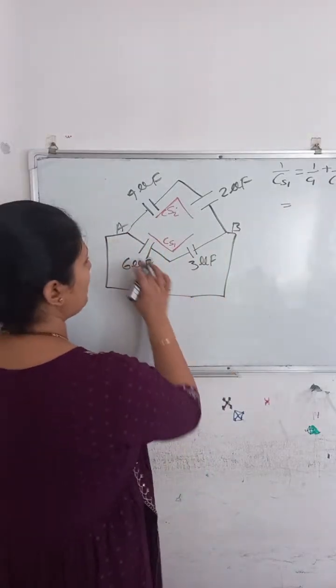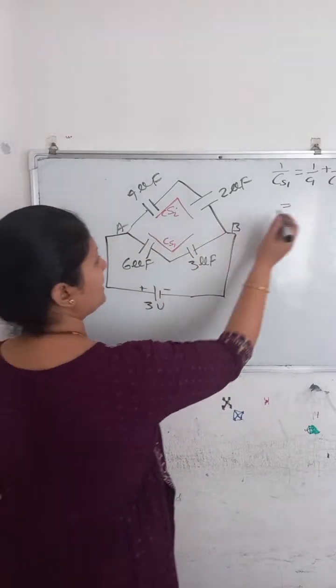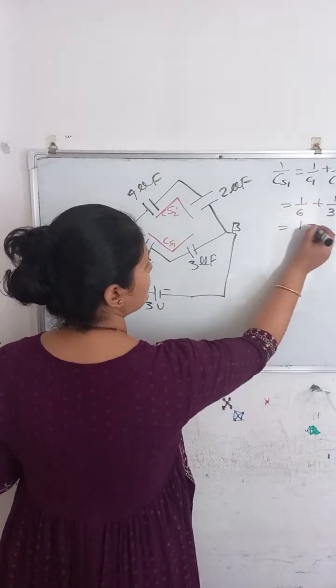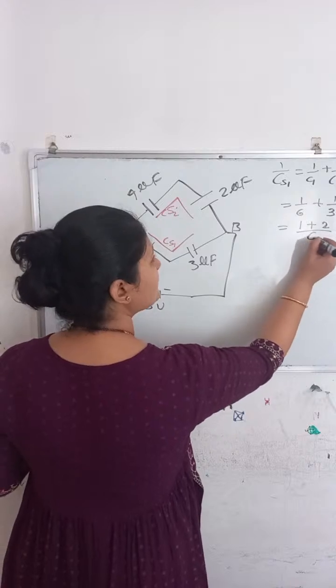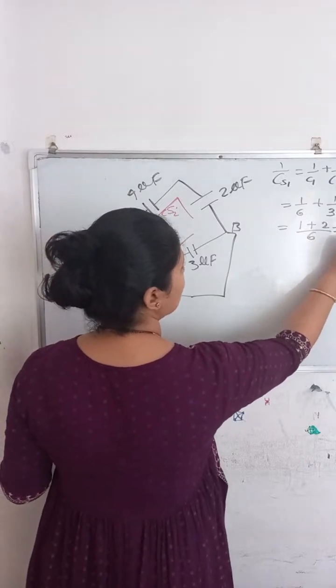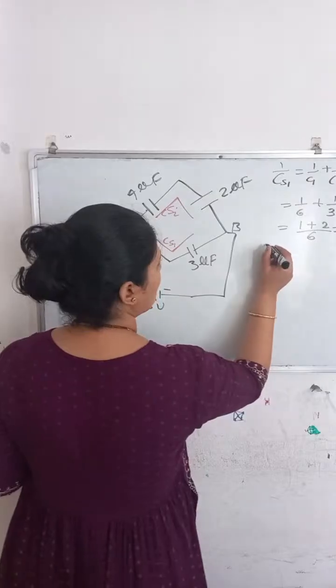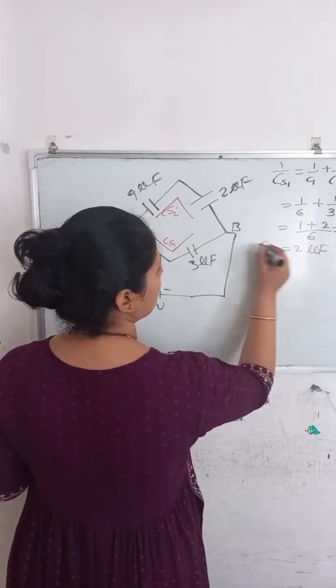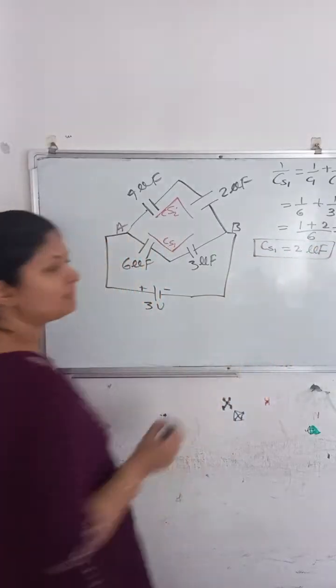So for this arm, 1 upon 6 plus 1 upon 3, that is 1 plus 2 divided by 6, that is 3 by 6, that is 1 by 2. And here CS1 is nothing but 2 microfarad. This is the answer for this arm.